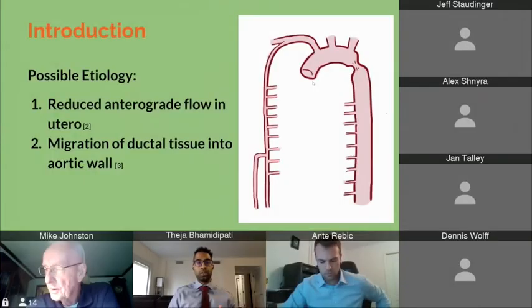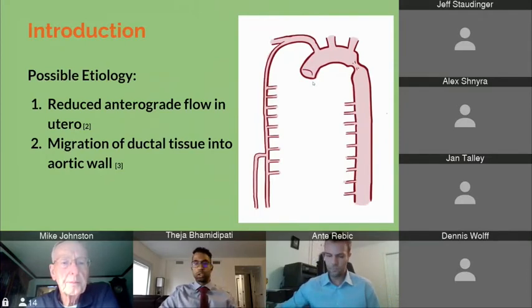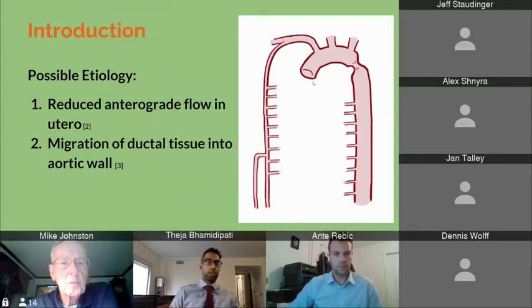So I'll let Theja present. To present with an aortic coarctation, there's two etiologies because the theories behind both of these aren't necessarily outlined very well in the literature, but these are the two most prominent theories. And the first is decreased anterograde blood flow in utero that prevents proper formation of the aorta.